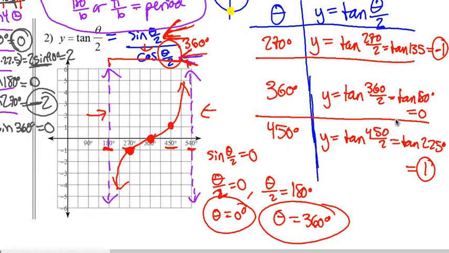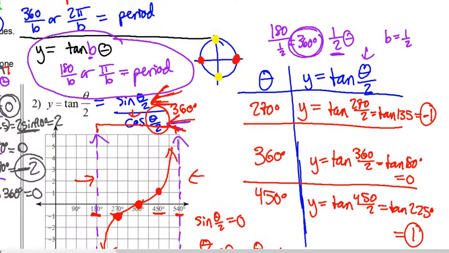Why 180 and 540? Because if we look up at this unit circle with the yellow points, cosine equals 0 at 90 and 270. So we needed theta over 2 to equal 90 and 270, and that happens at 180 and 540. And then all we really needed was where sine was 0.